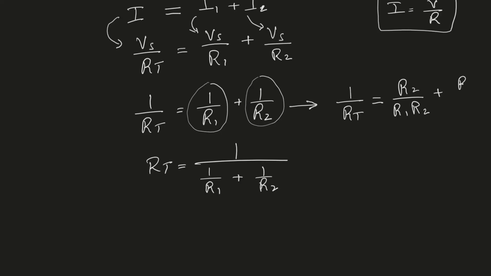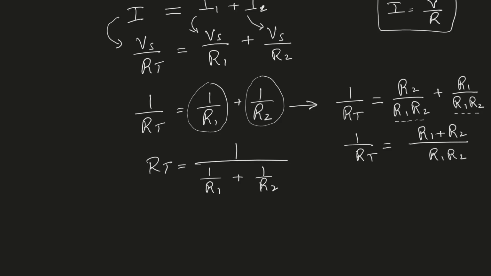So I will get R1 divided by R1 times R2. The reason we did that is that we wanted this denominator in both terms to be equal. So now we have the same denominator, so therefore we can say that 1 over R total is equal to R1 R2 in the denominator, and in the numerator we have R1 plus R2.